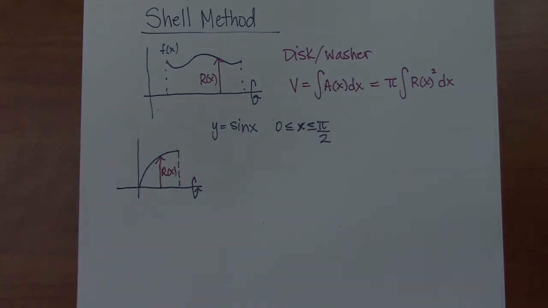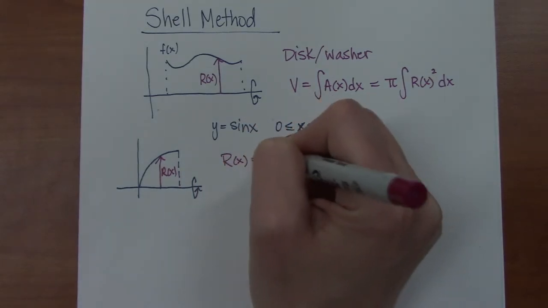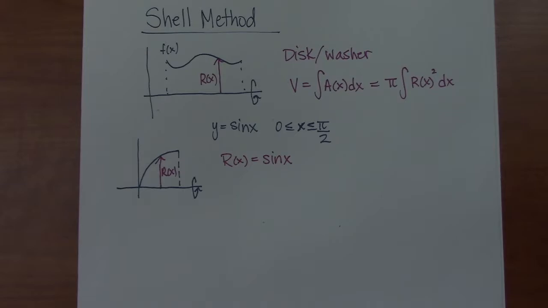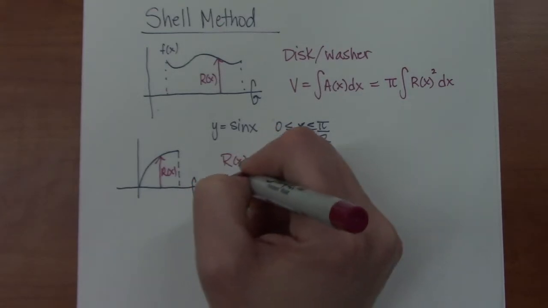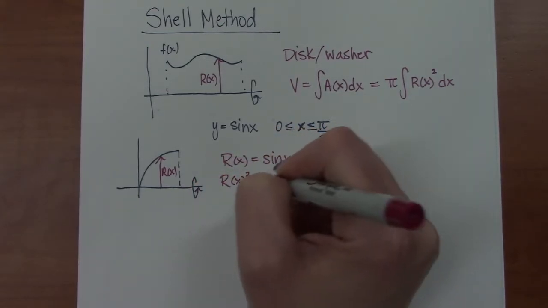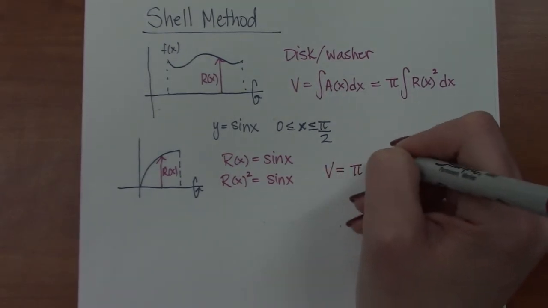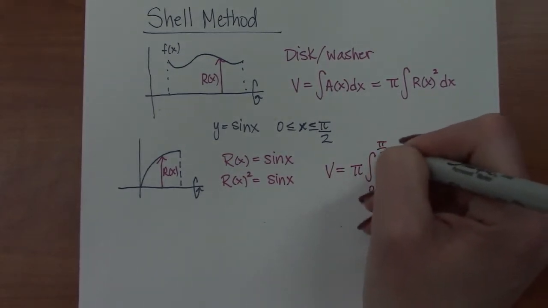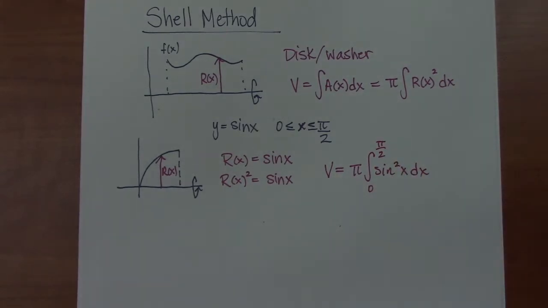That distance from the x-axis up to the function is just the function itself. So our radius is sine of x, but the formula says we have to do pi r squared, so the next thing you're supposed to do is square the radius. And if we want the volume of the solid, it's the integral of sine squared x dx.